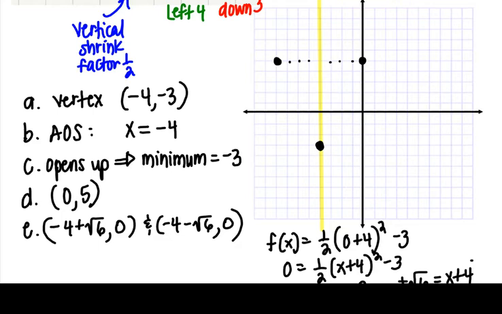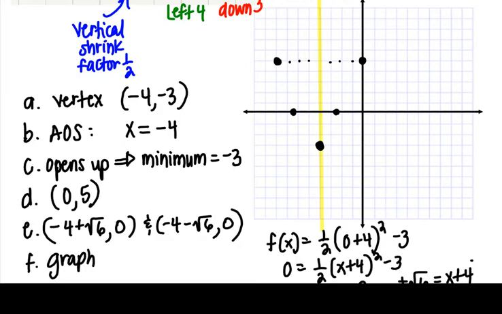That's approximately -2-ish and approximately -6-ish. So now we have f, we need to graph it. So a little bit more than -6, so I'm just going to put a point right there, and a little bit more than -2, so I'm going to put a point right there.